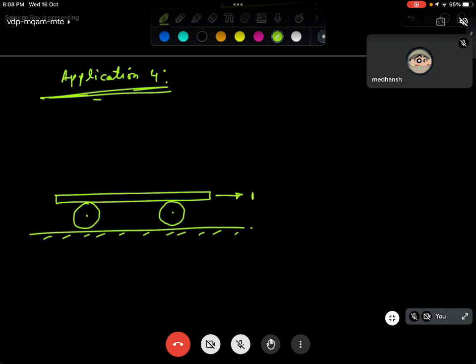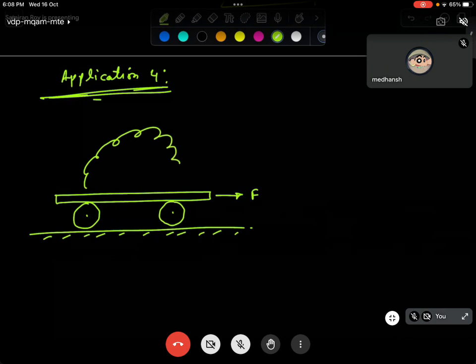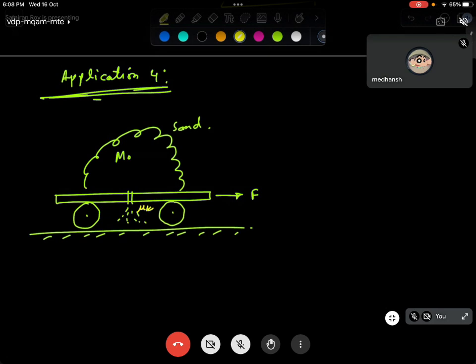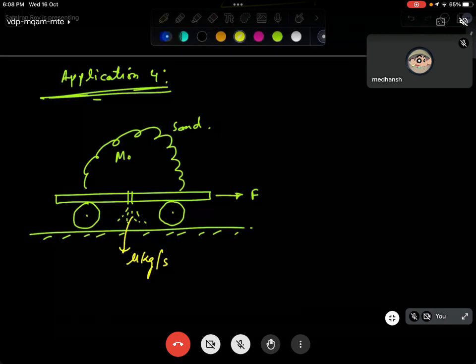Constant force is applied. Mass is m naught initially, sand. There is a leakage of sand which is mu kg per second. So here I am giving initial velocity is 0.